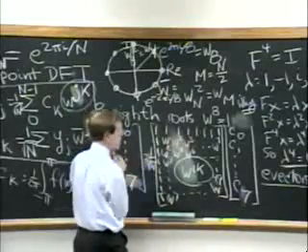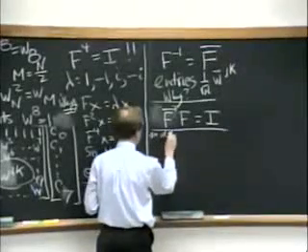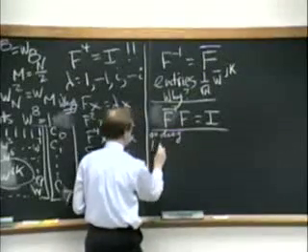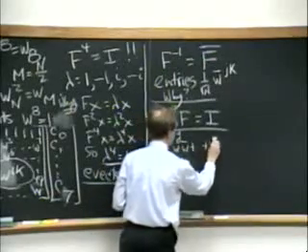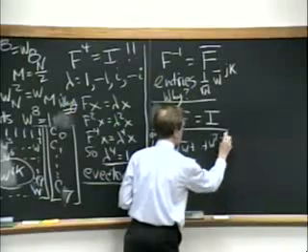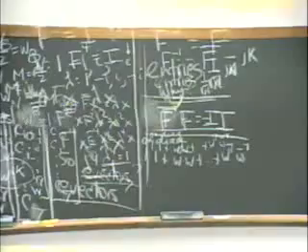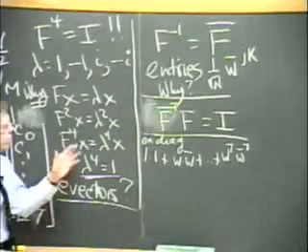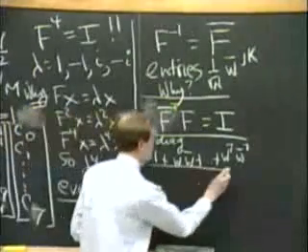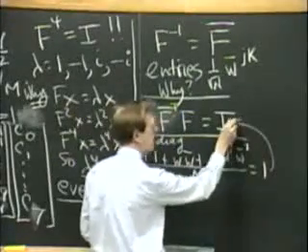Oh, but one of them is conjugated. So on the diagonal, let's take a typical case: 1 times 1, w times w bar, and so on, w seventh times w bar to the 7th. What does that sum equal? Yeah, it's n. Every term is 1. So it's 1 plus 1 plus 1 n times, and I divide by the square root of n twice, and I get the 1 on the diagonal. So that part is good.